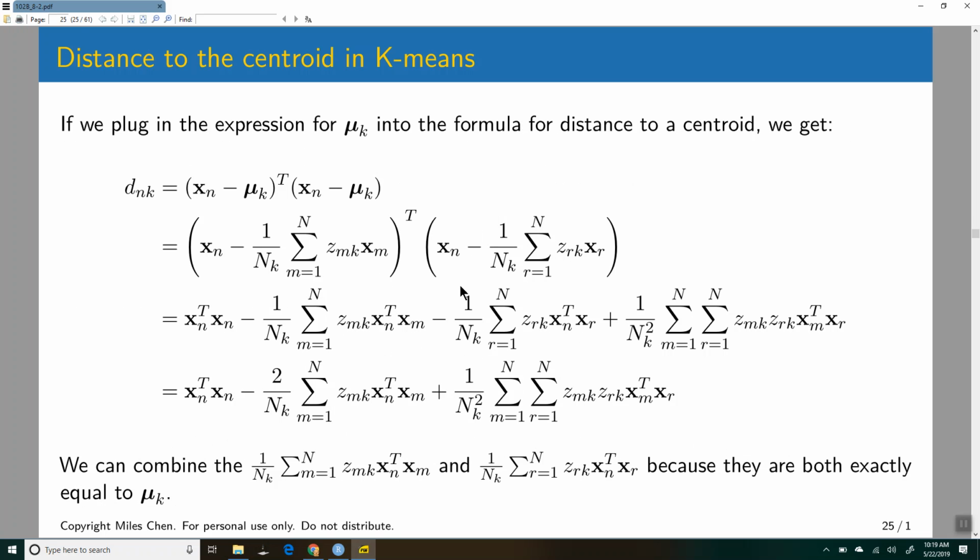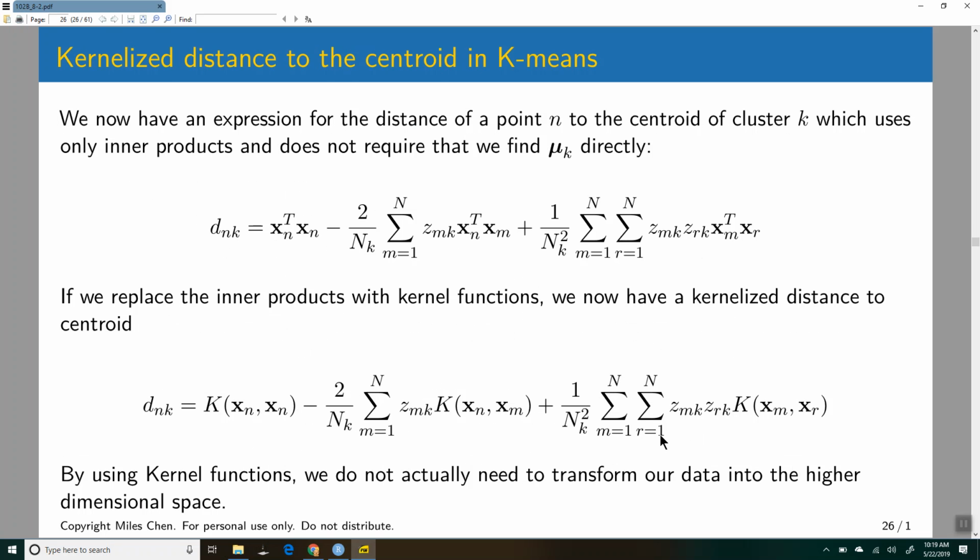Except we no longer have to worry about mu sub k. We just have a bunch of inner products of x. The reason we would want to do something like that is that now we've got the distances expressed as a bunch of inner products, and we're going to replace all of these inner products with a kernel function.